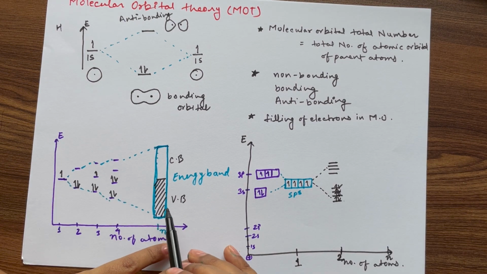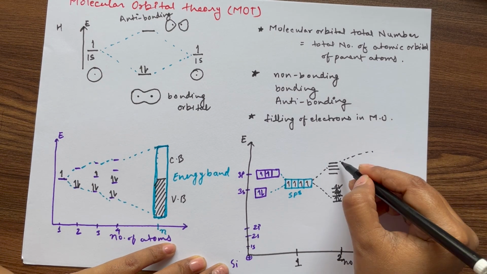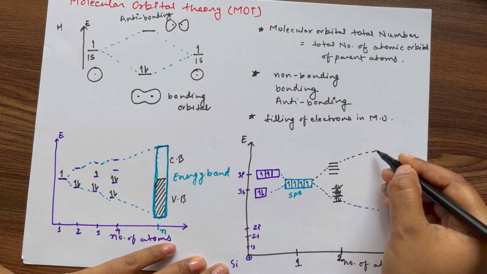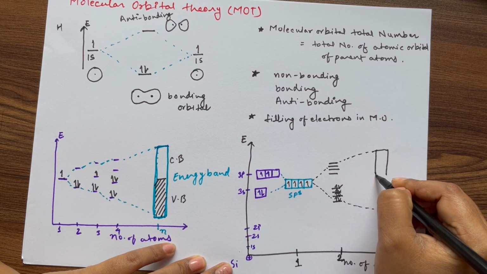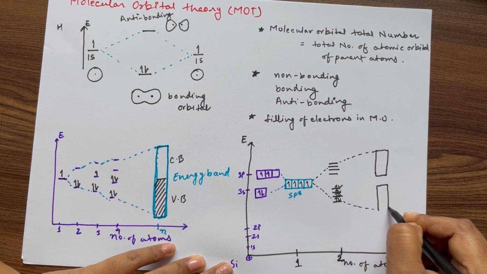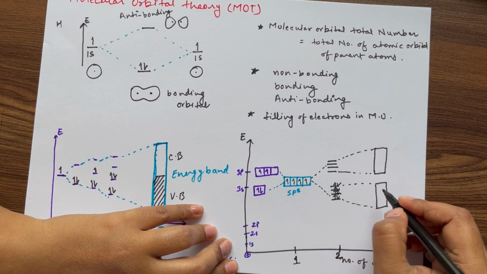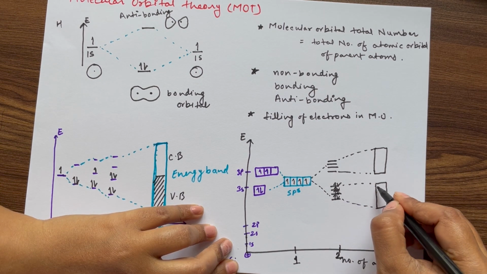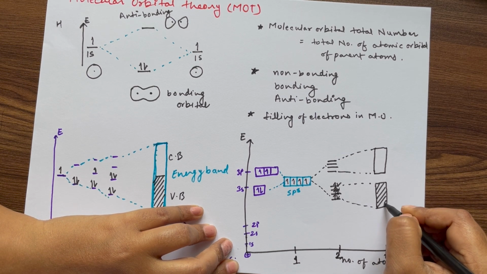Similar to this previous case, when we consider n number of atoms, and that too when n is very high, this splitting of orbital will create a continuum of bands. The lower band has the bonding orbitals and all the orbitals are filled with the electrons.